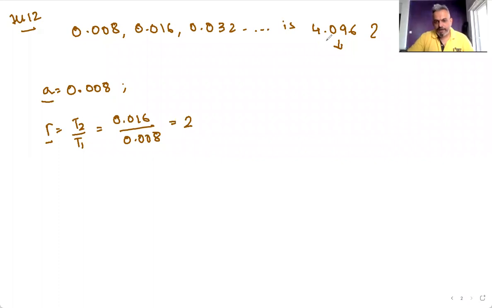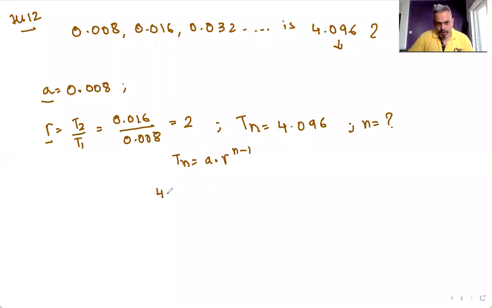Now we have to find which term is 4.096. So we write Tn is equal to 4.096, this is an nth term. So we have to find n. What is n? So we write the formula. Tn is equal to a into r raised to n minus 1.